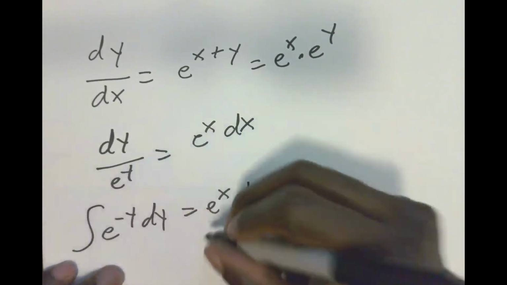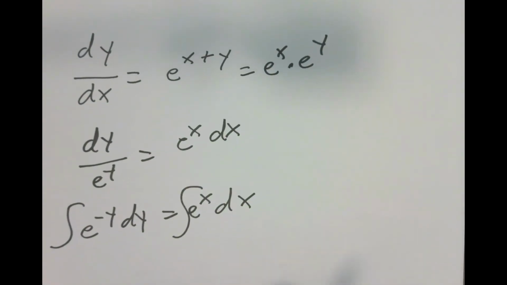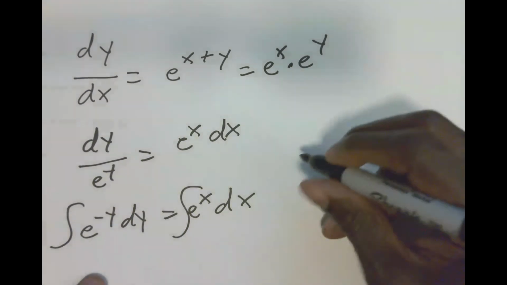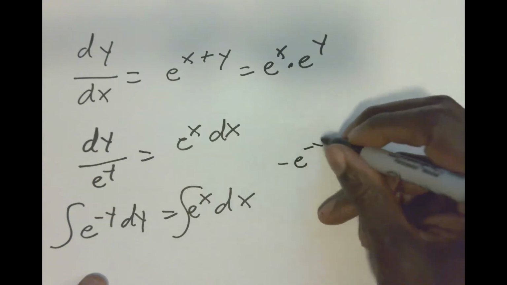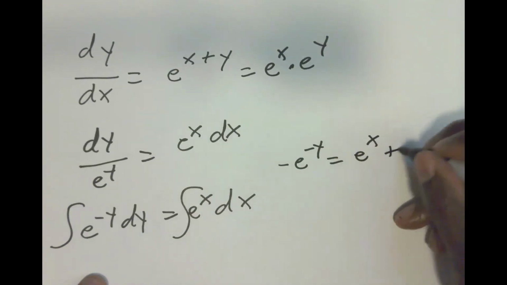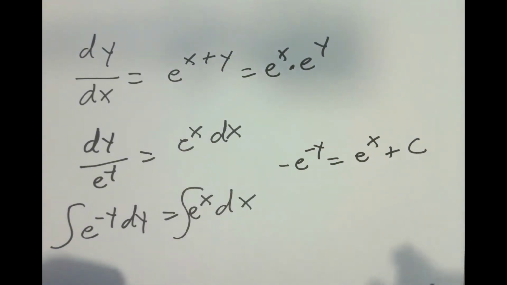So first we separate, then we integrate. When we integrate this, the integral of e to the negative y dy would be negative e to the negative y. And of course, the integral of e to the x is simply e to the x plus some constant. So now, once again, it's time to do our little algebra.